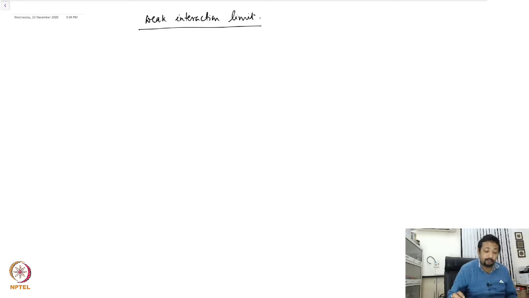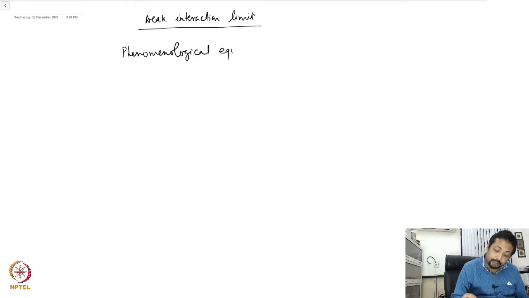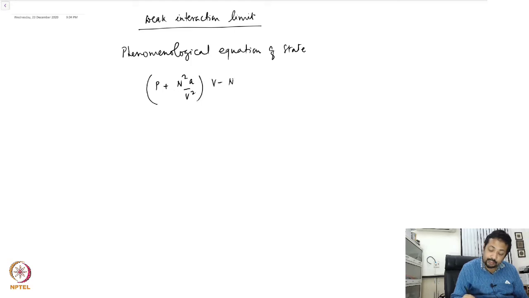Of particular interest is the phenomenological equation of state, which is (P + n² A/V²)(V − nB) = nk_BT.